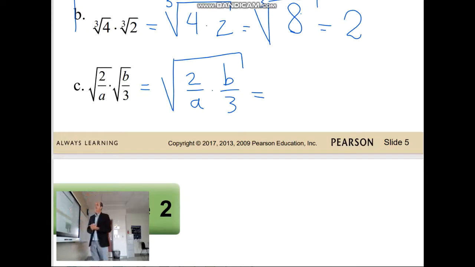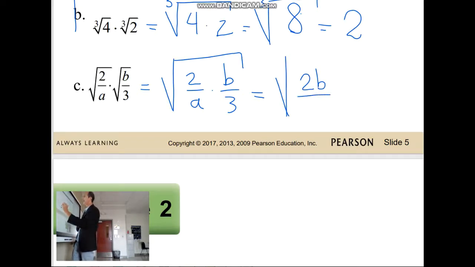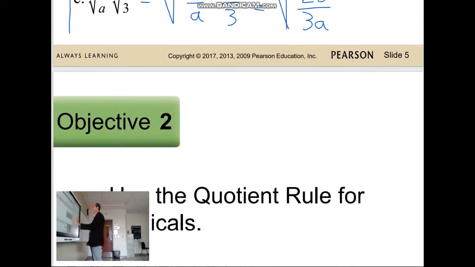If you remember, to multiply two fractions we multiply the numerators and multiply the denominators, right? So the square root of 2 times B, 2B, over 3 times A, 3A. That's it.